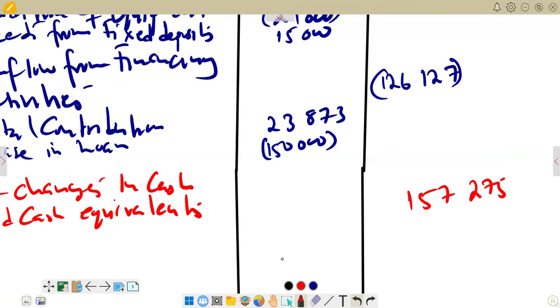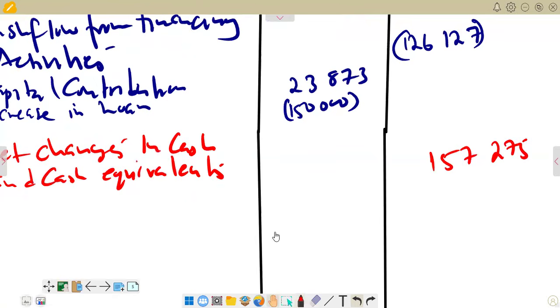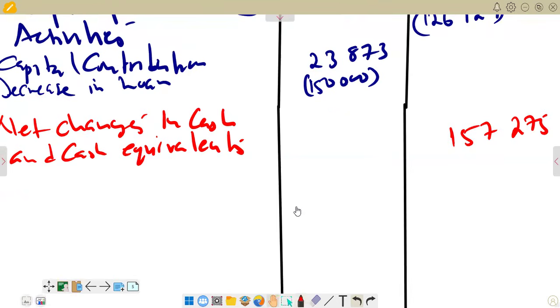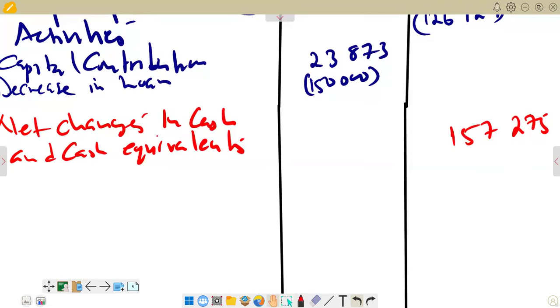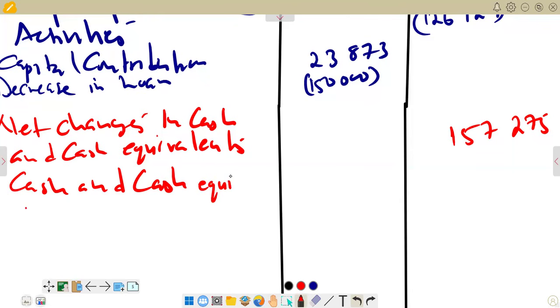Then you are now supposed to add cash and cash equivalents at the beginning of the year. So here we are saying cash and cash equivalents at the beginning of the year.